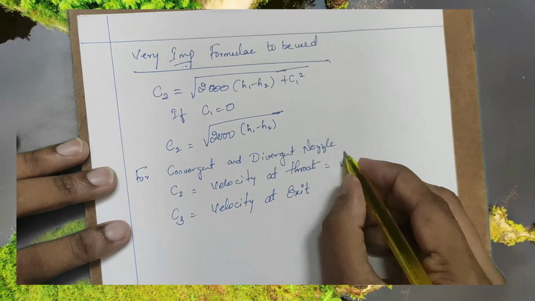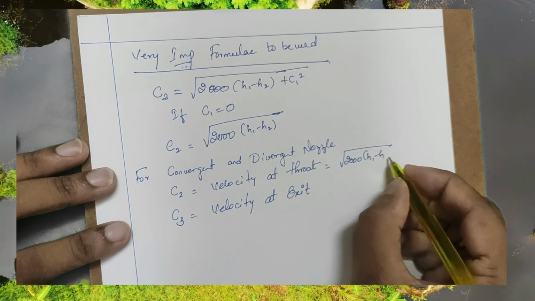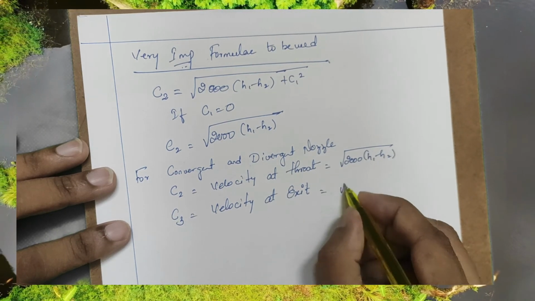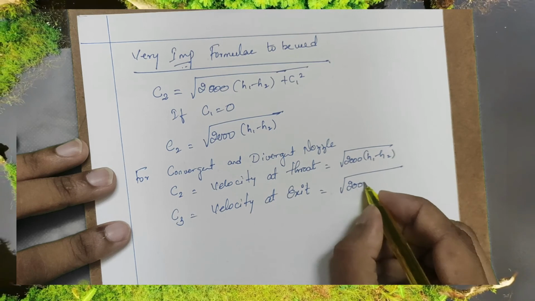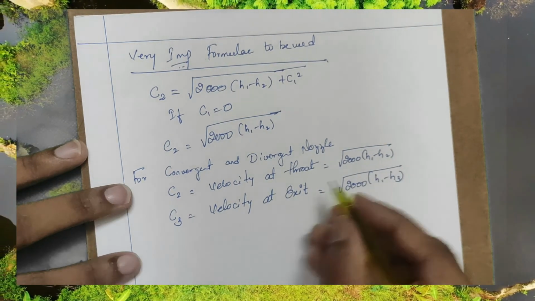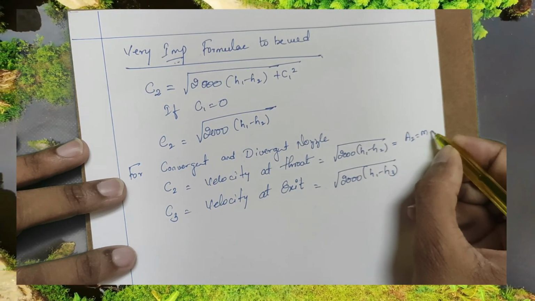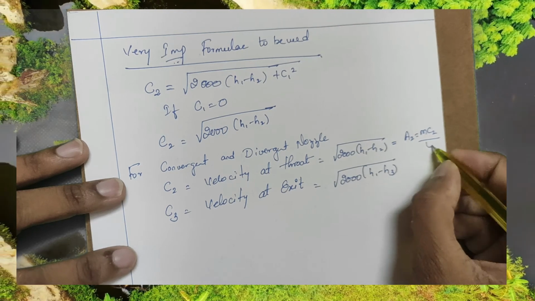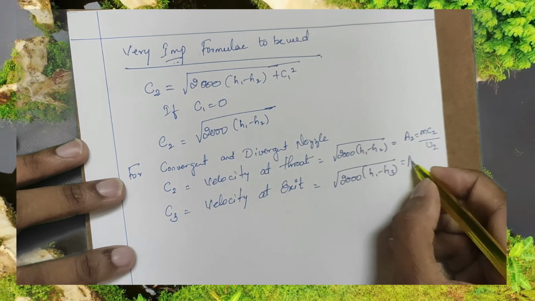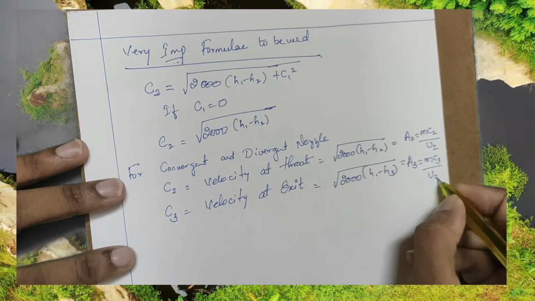Here you will be having the formula square root of 2000 into (h1 minus h2), and here square root of 2000 into (h1 minus h3). And here you will be having the formula A2 is equal to m C2 divided by V2, where V is the specific volume, and A3 is equal to m C3 divided by V3.